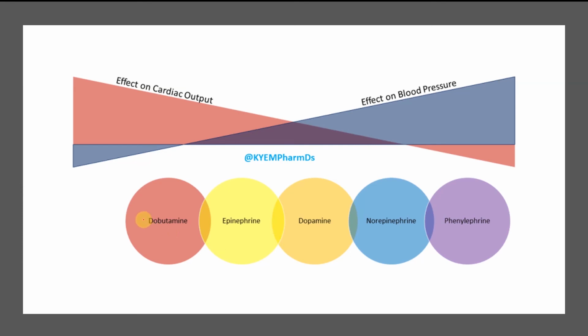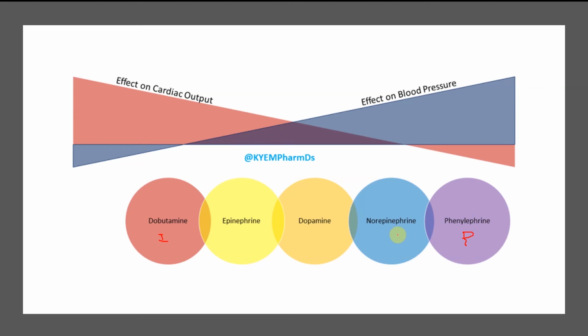Dobutamine is probably one of the purest inotropic agents out there, so it's mostly just an inotrope. Whereas phenylephrine, all the way to the right, is mostly a pressor. Everything in between has a little bit of both.